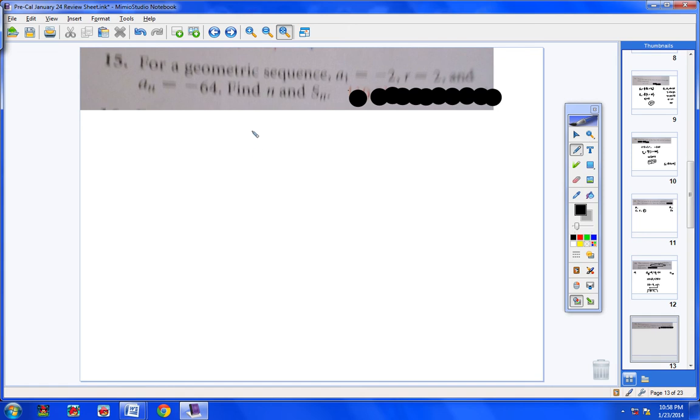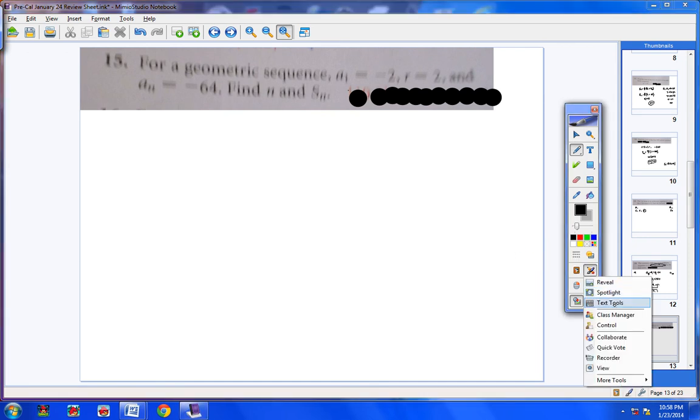Okay, let me read it again. We have a geometric sequence. The first term is negative 2. The common ratio is 2. And we know that one term is negative 64. Find n, or in other words, find what term a subscript n is. So find what term negative 64 is. Is it the first term, second term, third term, fourth term, etc.?